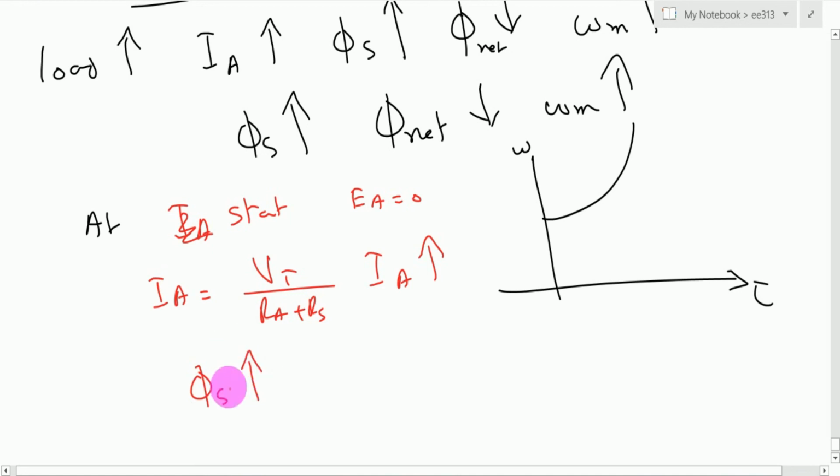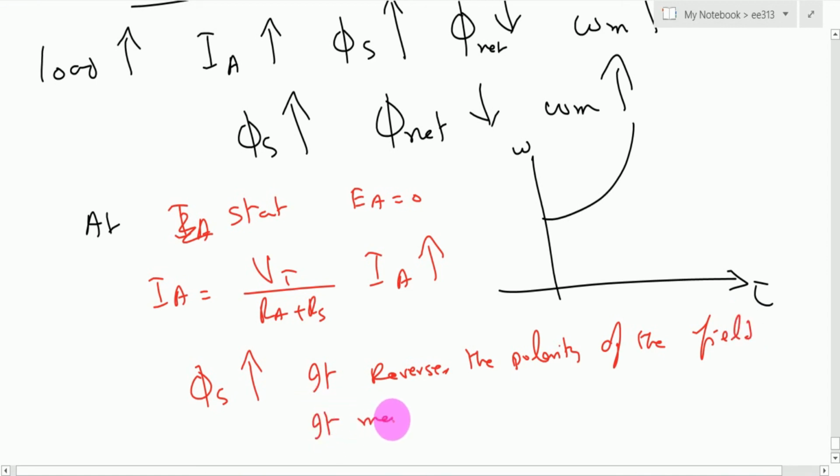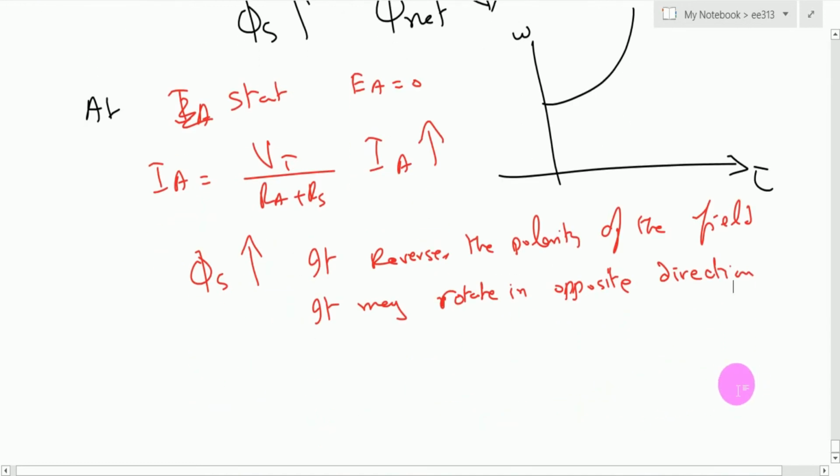Now if phi s is very high, it may reverse the polarity of the field circuit or the poles that we have generated. Consequently, it may rotate in the opposite direction, and may burn up.